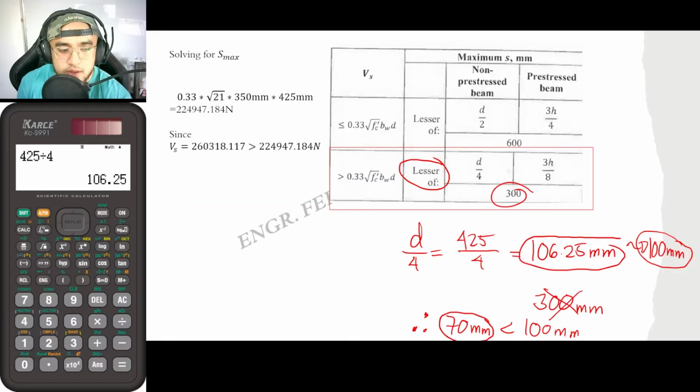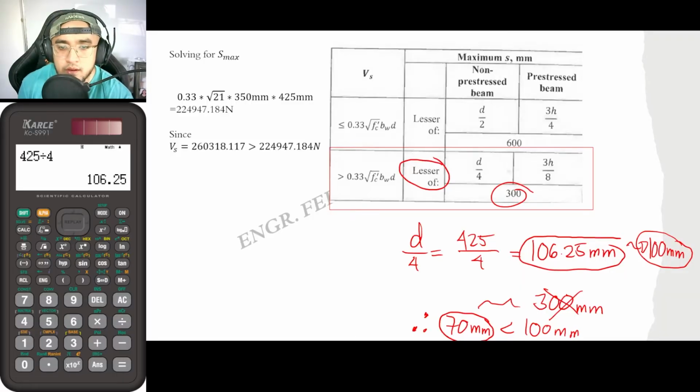But in a situation where, for example, the S required was 120, and your S max is 100, you would now be making use of 100. So whichever is lower between these two.